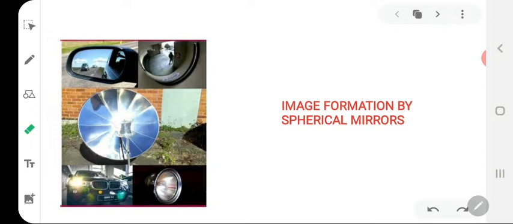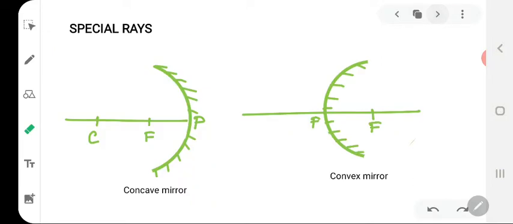So these are four in number, and as I told you, we shall be considering only two out of these four special rays. So let us begin today's discussion by understanding what these special rays are. Beginning with the first one, an incident ray of light parallel to the principal axis.